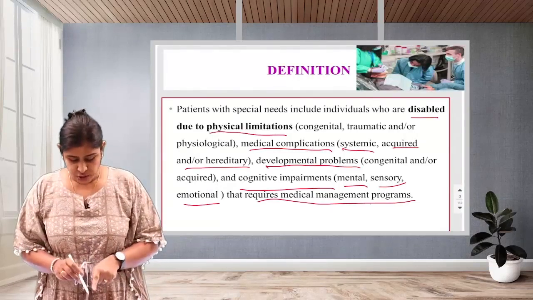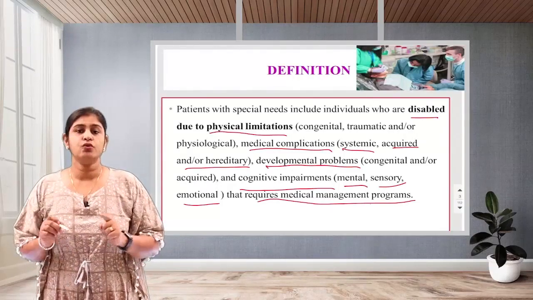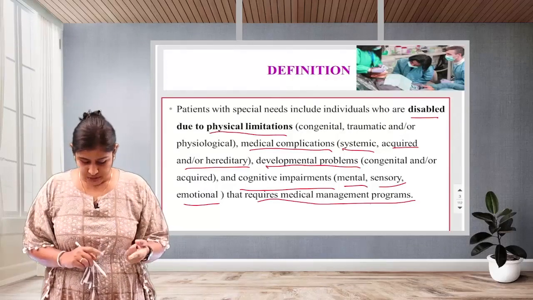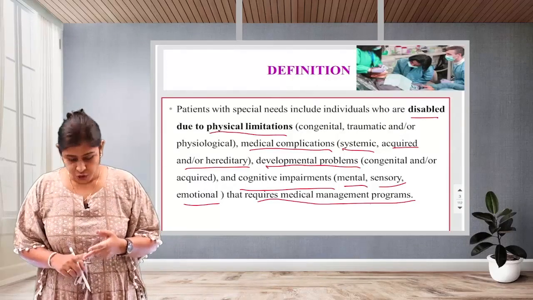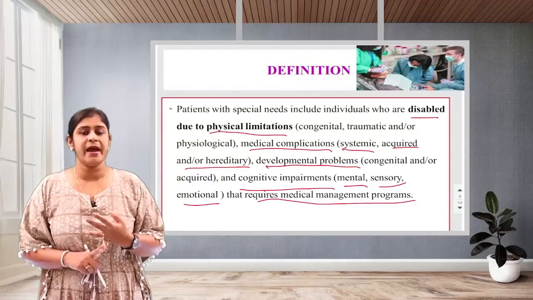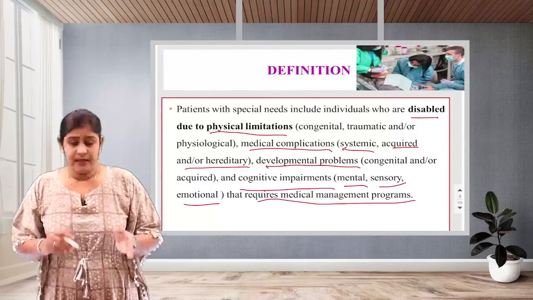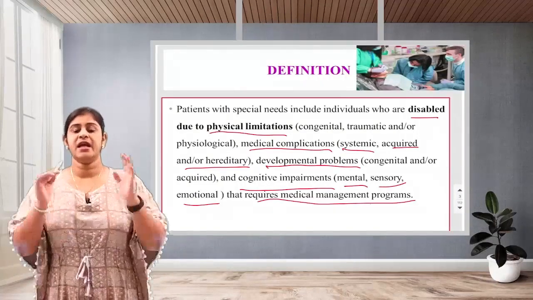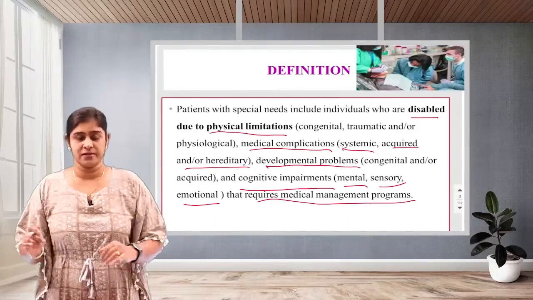So patients with special needs include individuals who are disabled due to physical limitations, medical complications, developmental problems or cognitive impairment that requires medical management programs. Those are called care of special needs persons.